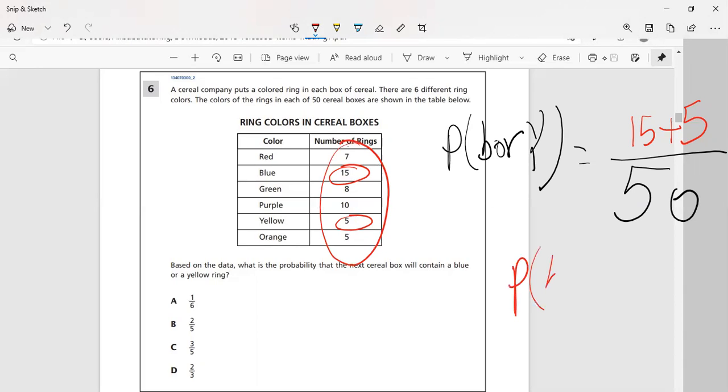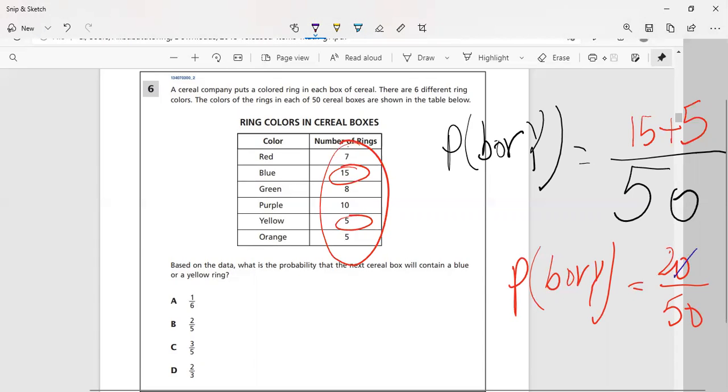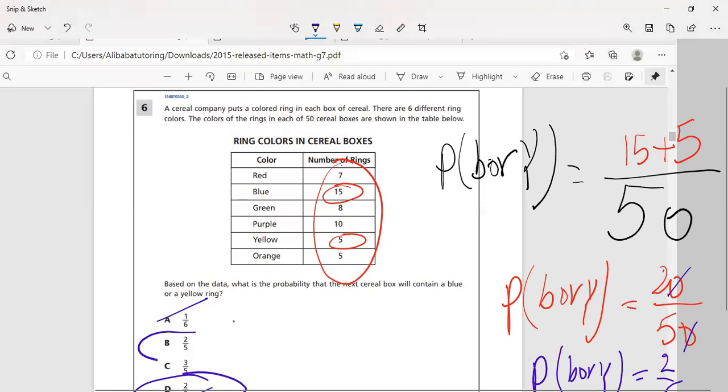So the probability of B or Y is equal to 20/50. And you know how we simplify. If you have a 0 on top and a 0 on bottom, just cancel them. So the probability of blue or yellow is 2/5. Okay. And the answer, oh, not D. The answer is B. B is 2/5.